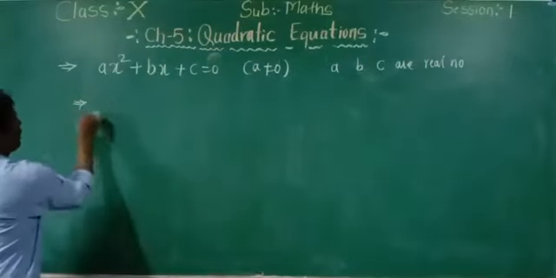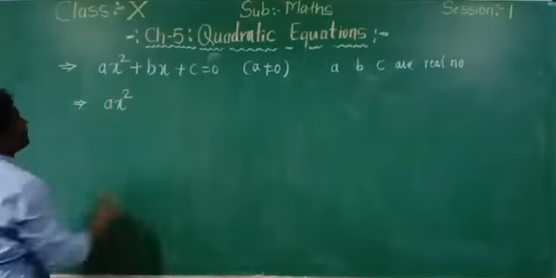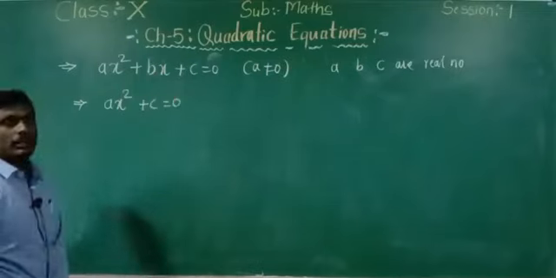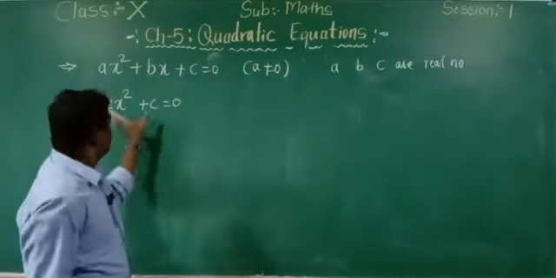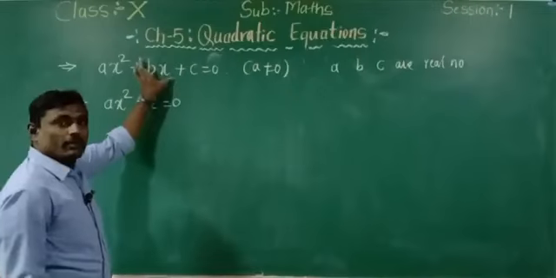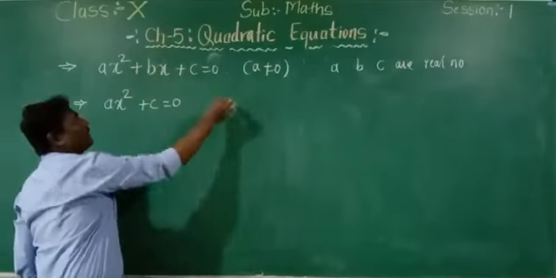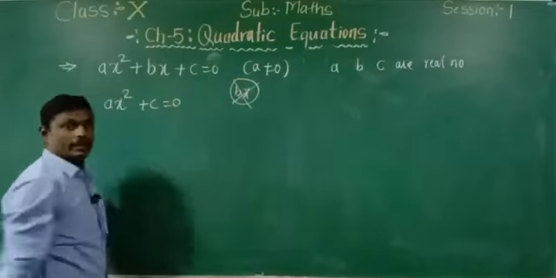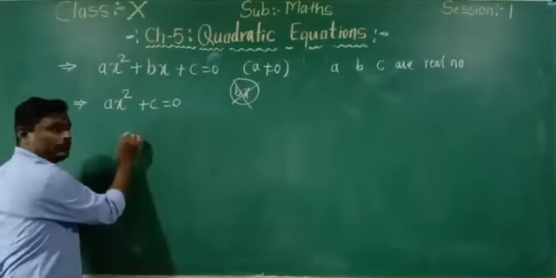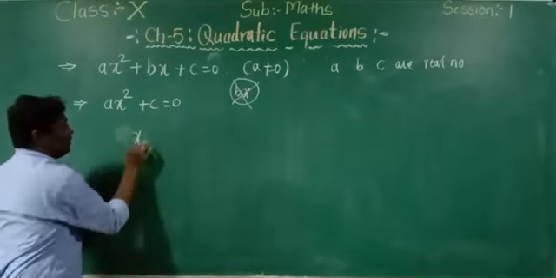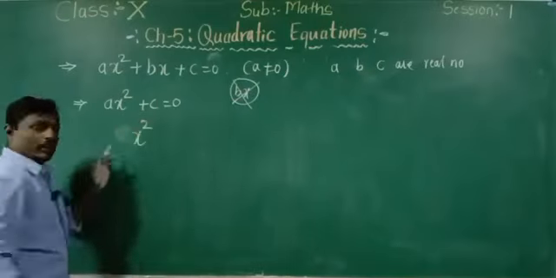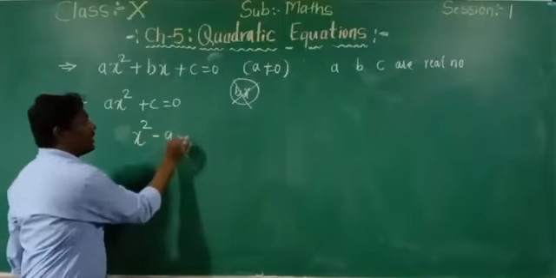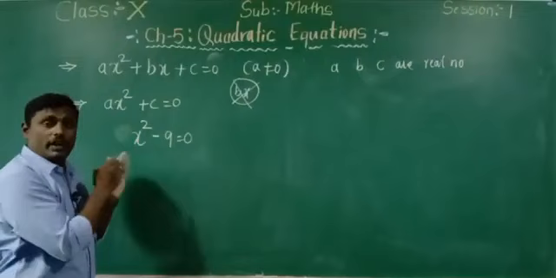Pure quadratic equation means we are taking ax square plus c is equal to 0. What are we neglecting here? The complete term bx. For example, if any equation is in the form of x square minus 9 is equal to 0, whether it is a quadratic equation or not.